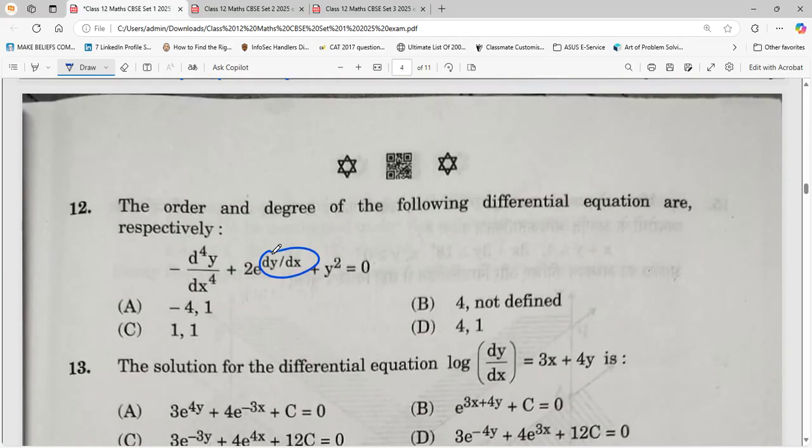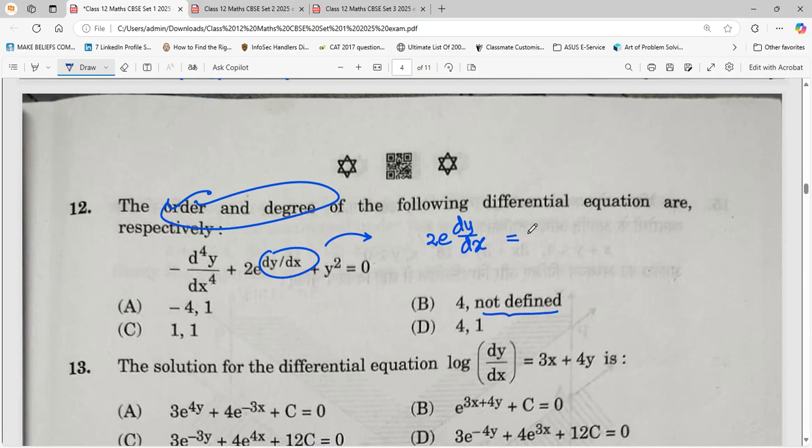Also, if you have e power dy by dx, can we check whether e power dy by dx can be eliminated using taking log? So if you retain this 2e power dy by dx, order and degree, both of them are asked. So I'm guessing the degree should be not defined.